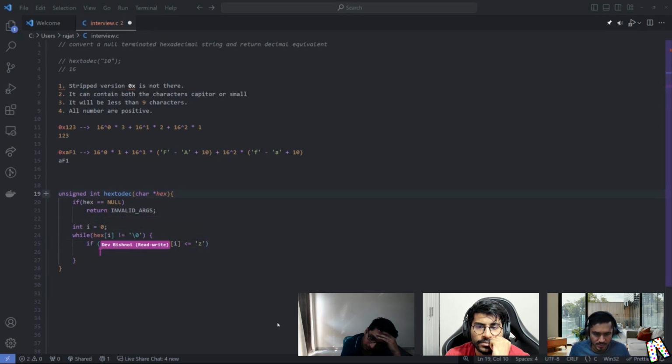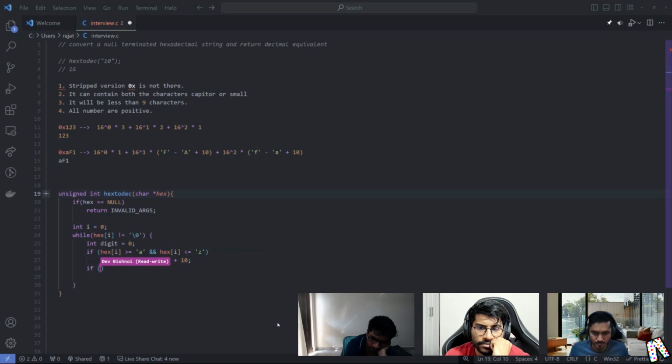If that is the case, then I can have a digit, let's say int digit, which is initially 0. So digit is equal to 10, or rather whatever is in hex[i], subtract a from it, and then add 10. That's the one case.